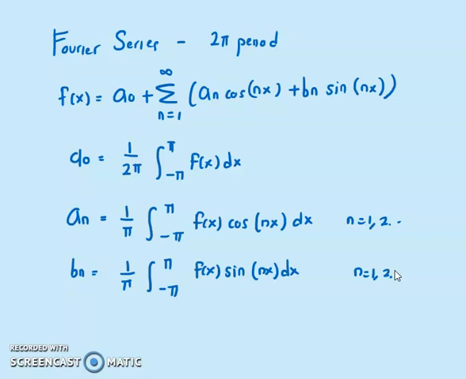Now how is this related to even and odd functions? If the function f you're given is even, for example f(x) is even, then we have b_n equals 0. This b_n here will equal 0.